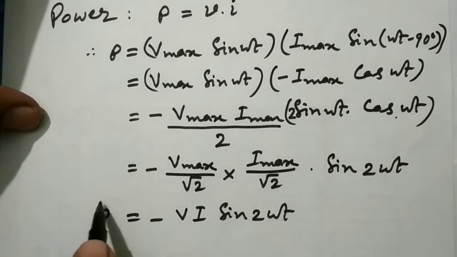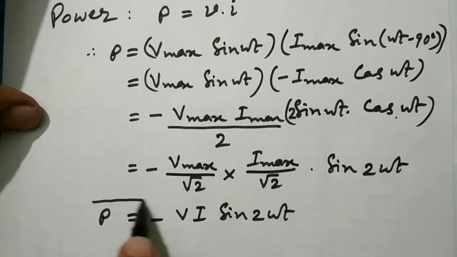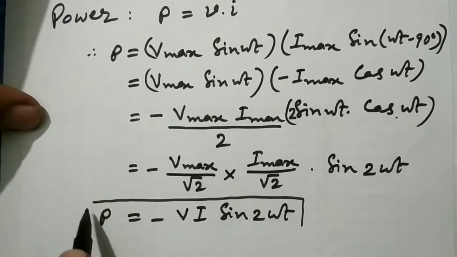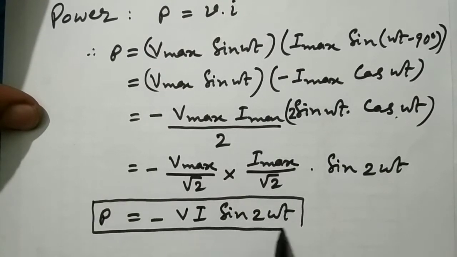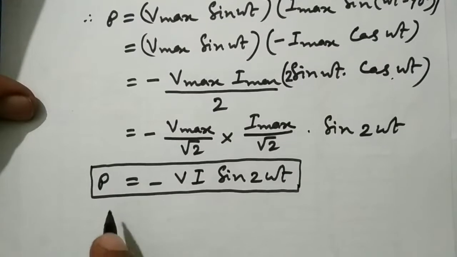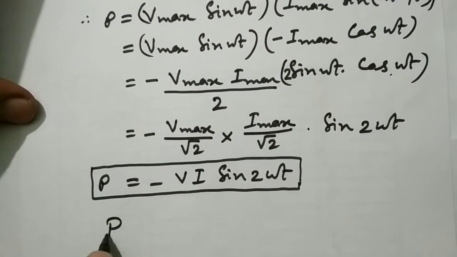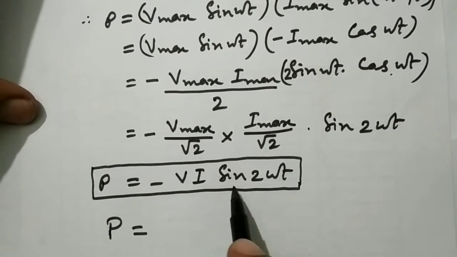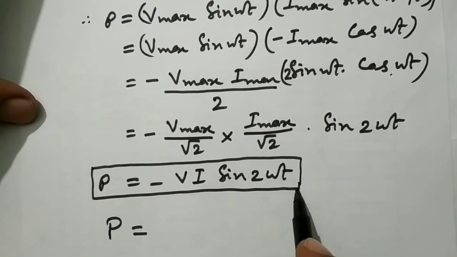Now if we want to find the average power over a complete cycle, that is denoted by the capital letter P. Here the power expression is totally a sinusoidal quantity.